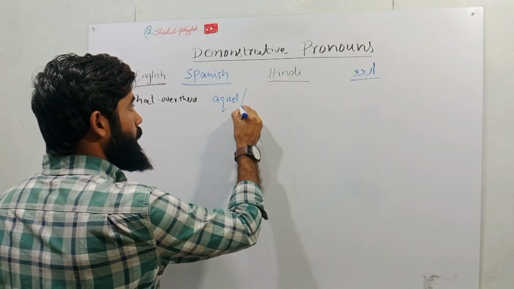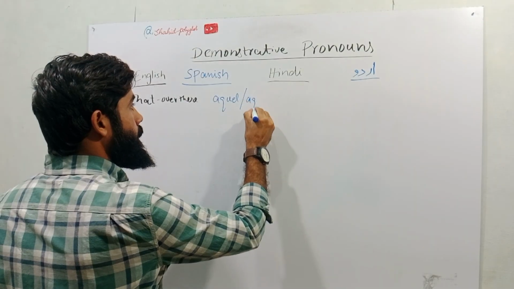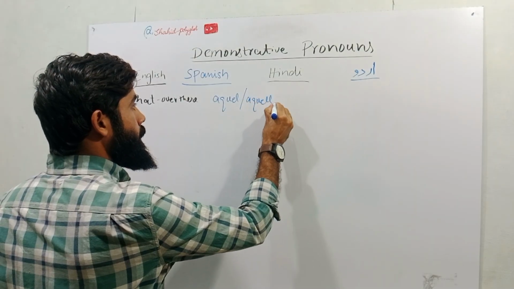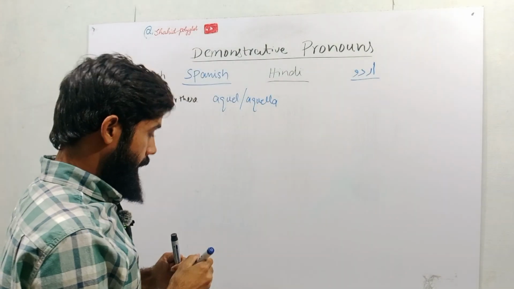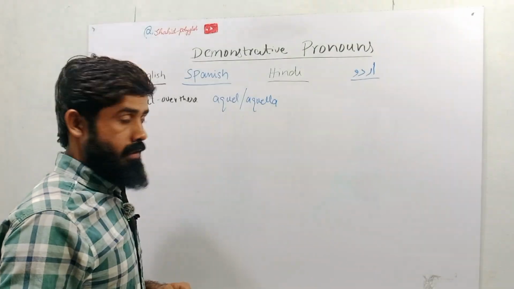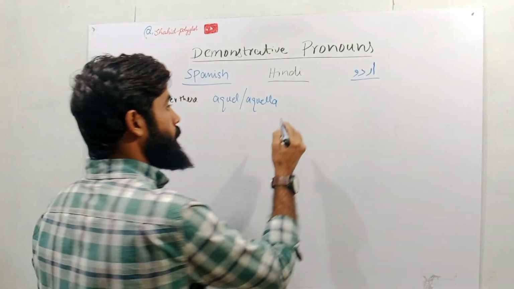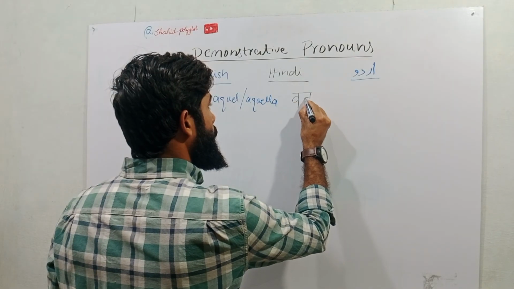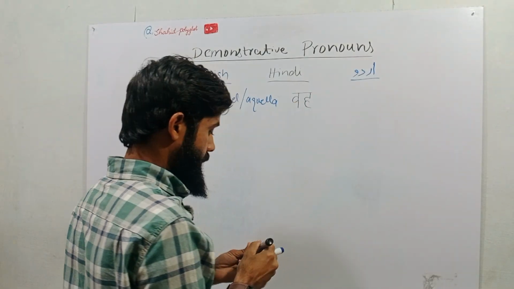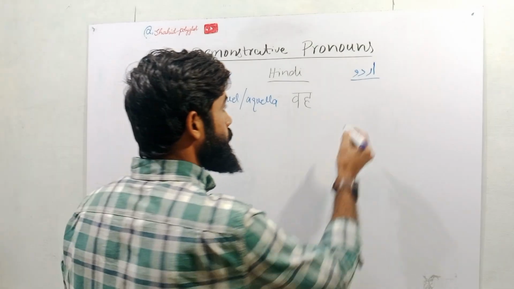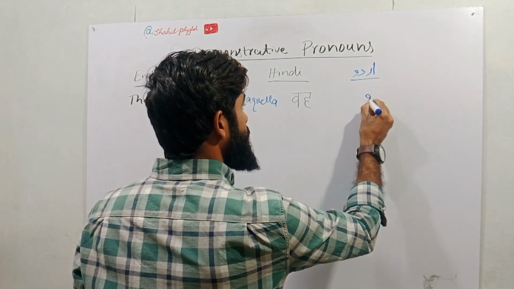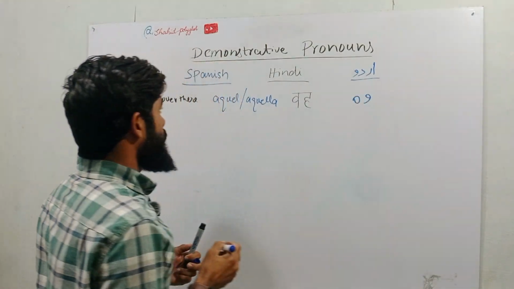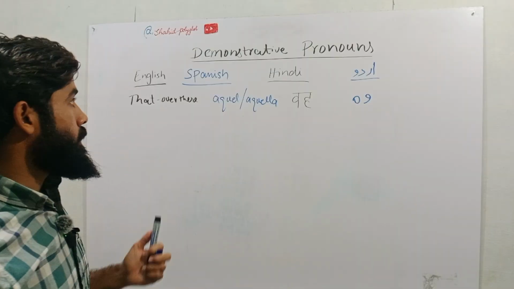And in Hindi we say wo. The same is written in Urdu like this, wo. Now let's take the example of aquel.